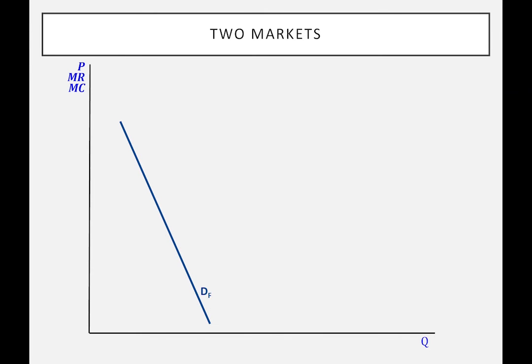So here I've got the demand curve for foreigners. I'm going to draw in another marginal revenue curve, as we've done in the past. I can put in the marginal cost. The marginal cost we'll assume is the same whether you're letting a foreigner into the museum or a local person into the museum. It's going to be the same cost. You have to clean up afterwards, you have to sell them a ticket, and so on and so forth.